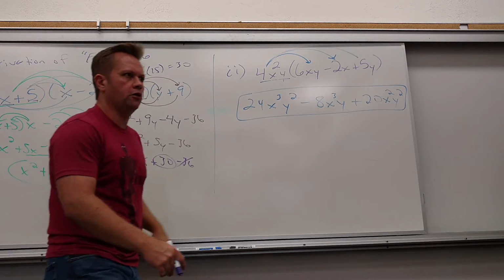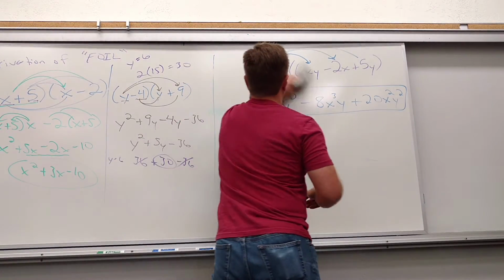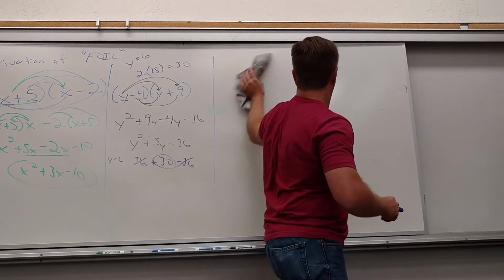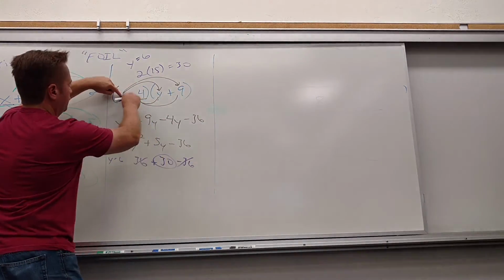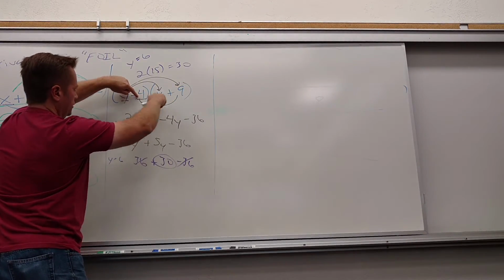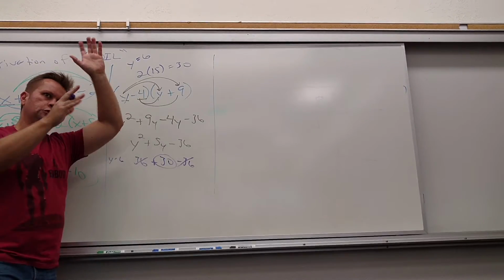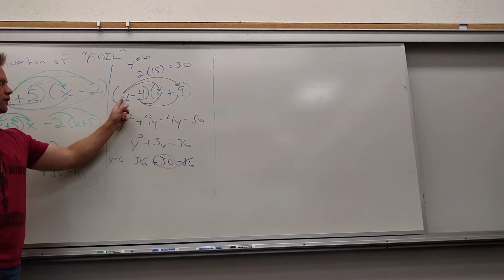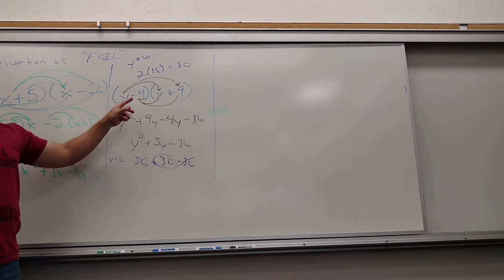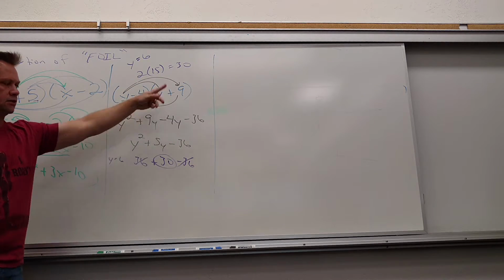So here's where FOIL lets us down. Because you can see right here, first, outer, inner, last. I just like to think of it as repeated distribution. This guy gets a turn to distribute, this guy gets a turn to distribute.